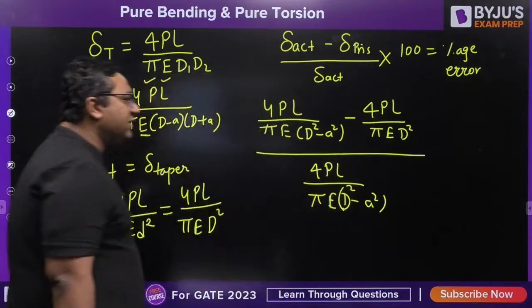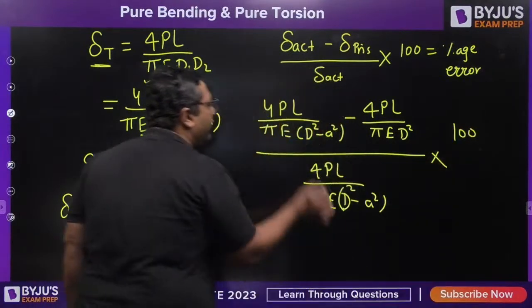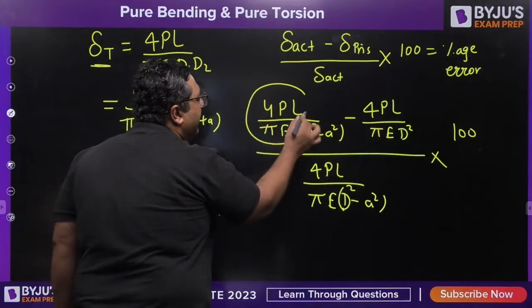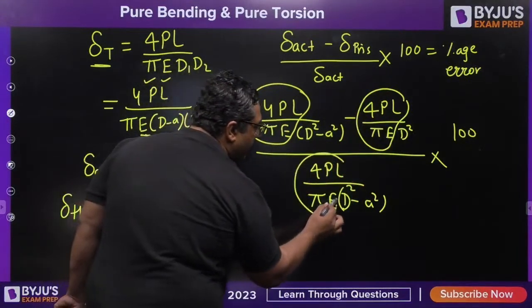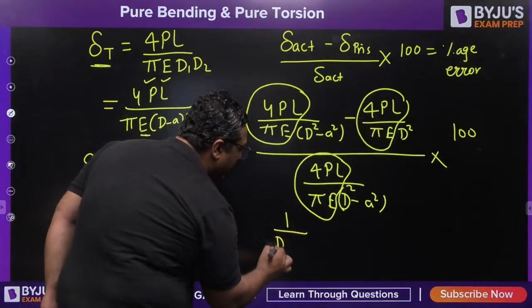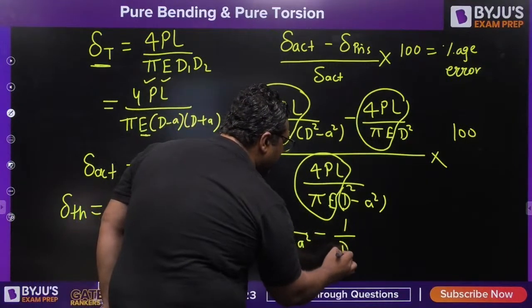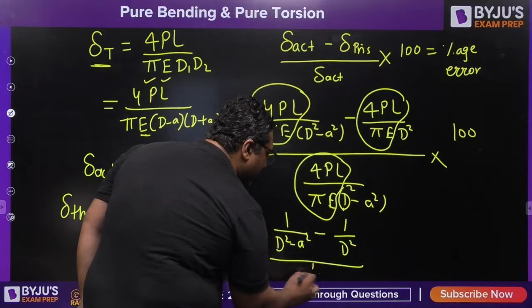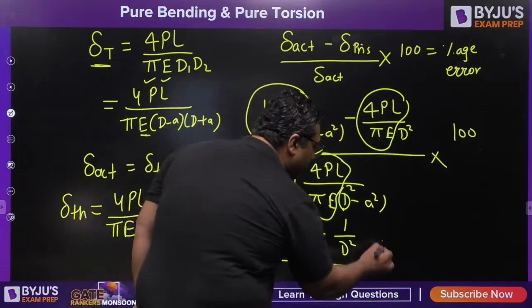So guys, you can see when you will be doing this into 100, we are having 4PL upon pi E common in each term. So when you will be solving this, you will be getting 1 by D square minus A square minus 1 by D square, divided by 1 by D square minus A square, into 100.